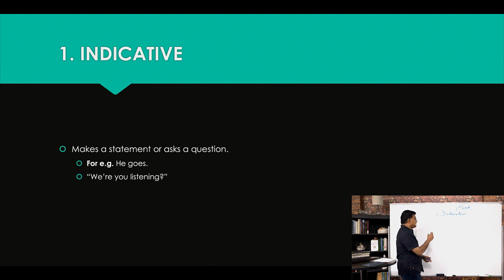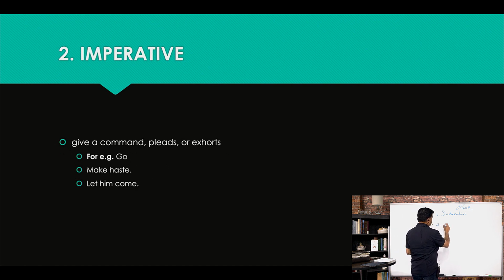The second one is imperative. What is imperative? Imperative is a command, or a plea, or an exhortation. So, go. Just that word, go, is a sentence. It's an imperative.